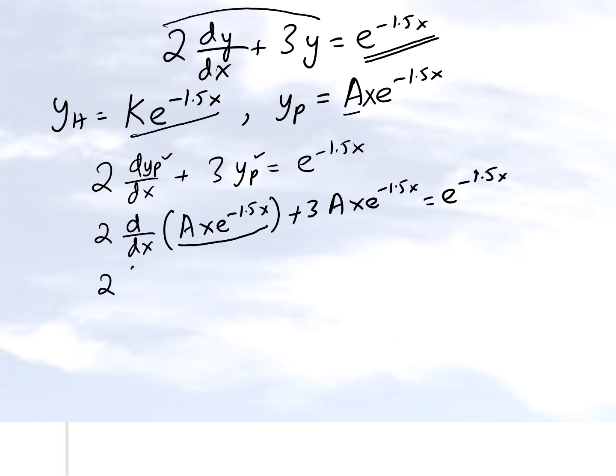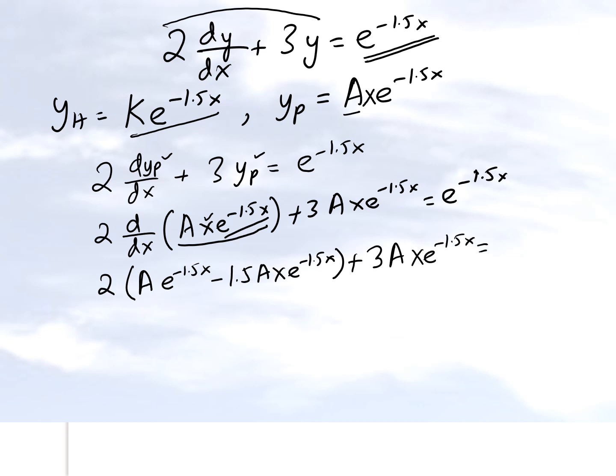So using that information, we'll get a e to the power minus 1.5x, because the derivative of x is 1, and then we'll get minus 1.5 ax e to the power minus 1.5x, because the derivative of e to the power minus 1.5x is minus 1.5 e to the power minus 1.5x. So we get plus 3a x e to the power minus 1.5x equal to e to the power minus 1.5x.